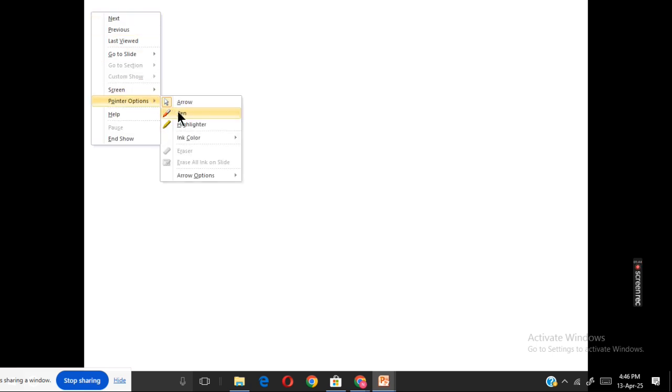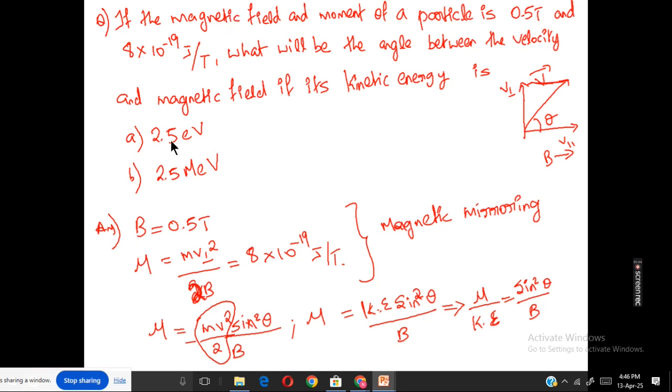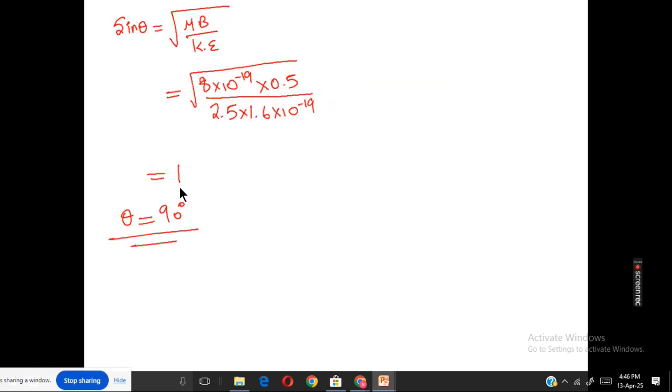Now the next question. Two cases are there here. In the first case, the kinetic energy is 2.5 electron volt, and in the second case, the kinetic energy is 2.5 mega electron volt. We only did the first case.